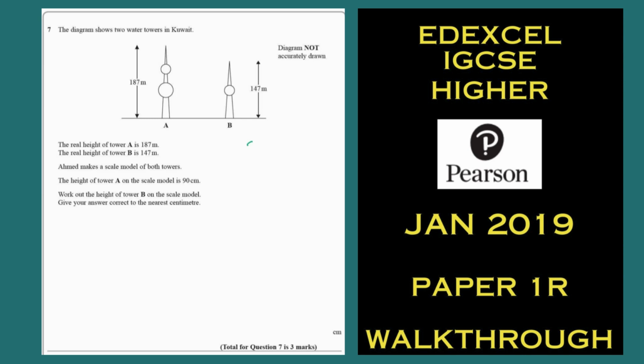So I just say that my scale factor is 147 over 187, because that number is less than 1. Because my multiplier that way, it's getting smaller. So I prefer to have my multiplier to be less than 1. So the height of Tower A on a scale model is 90. So my multiplier is there on your calcs.